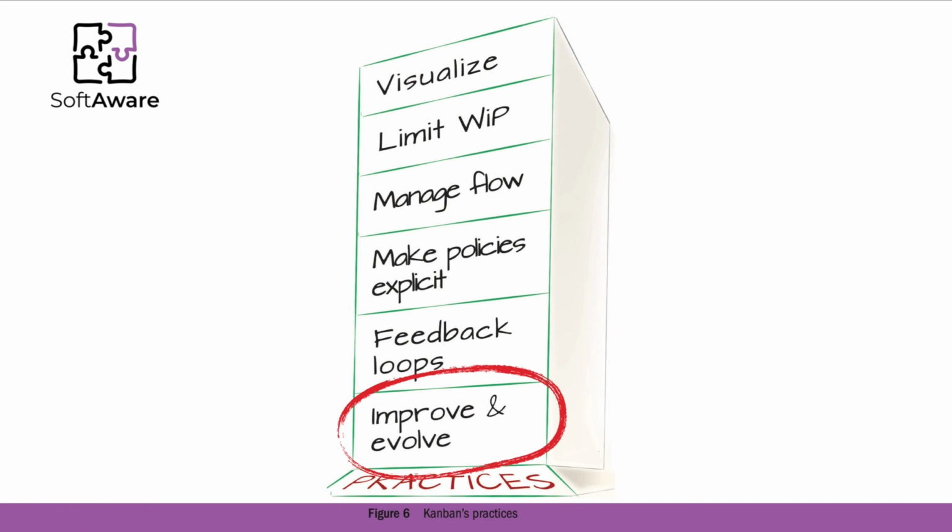Improve and evolve is the last general practice. Kanban is the synonym of improvement or continuous improvement. This comes from the Japanese keyword Kaizen. Kai-zen, continuous improvement. Kanban starts from the organization as it is now and uses the lean flow paradigm to pursue continuous and incremental improvement.